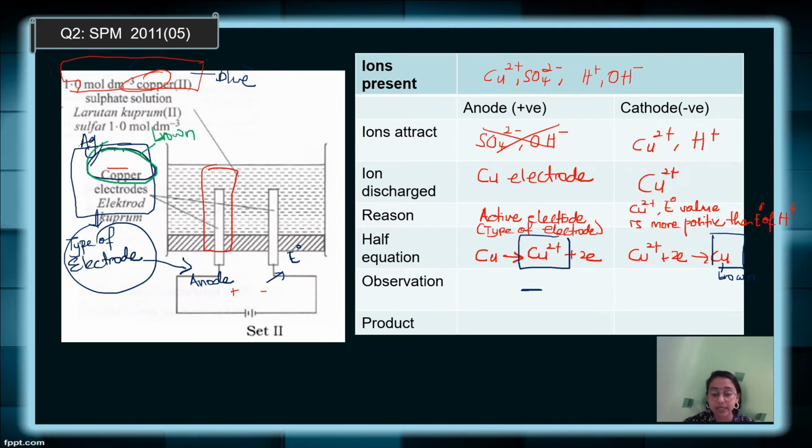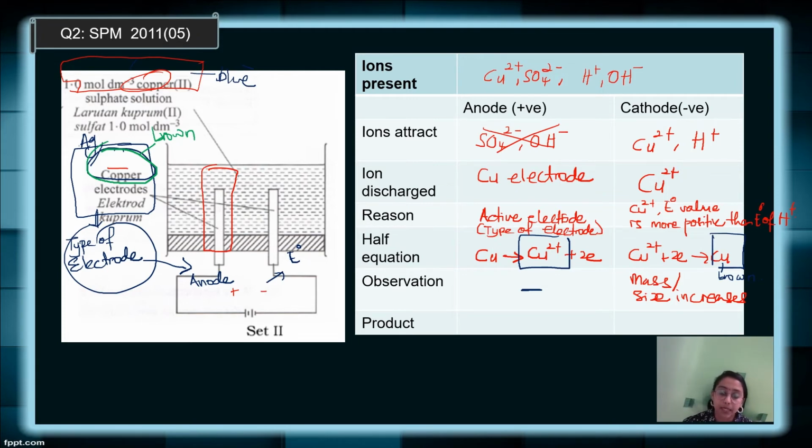So in these circumstances, what you have to do is talk about the mass or size. So what do you think will happen to the mass or the size of the electrode? Increases, because there's a new deposition of copper on it. So the size or the mass will increase.